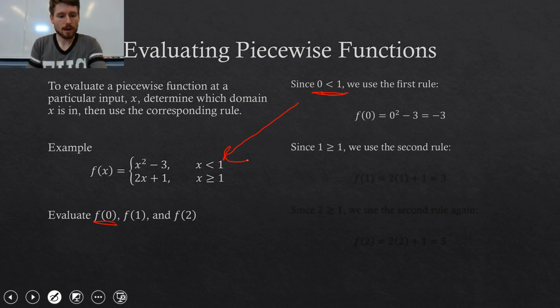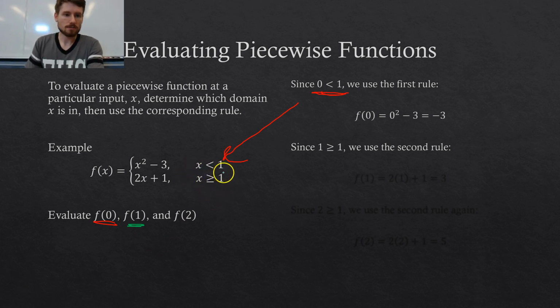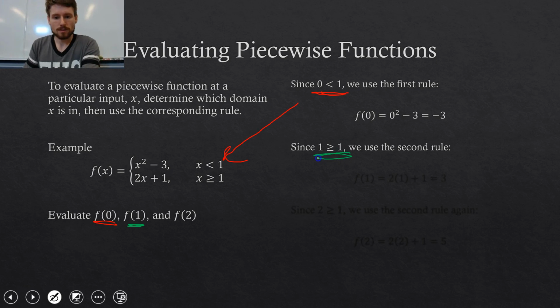Now let's evaluate f of 1. Is 1 in the first domain, or is it in the second domain? Well, 1 is not less than 1. 1 is greater than or equal to 1. And so since 1 is greater than or equal to 1, we use the second rule. Okay?